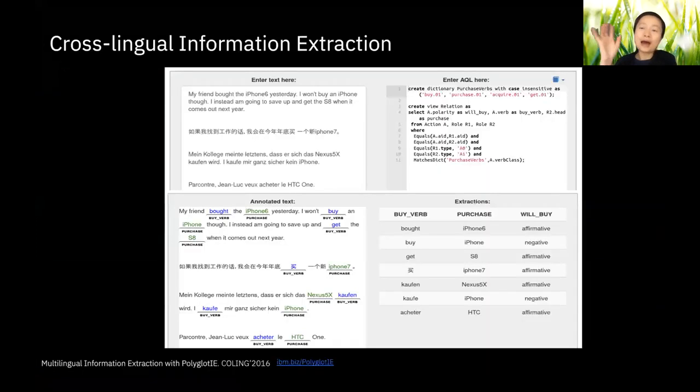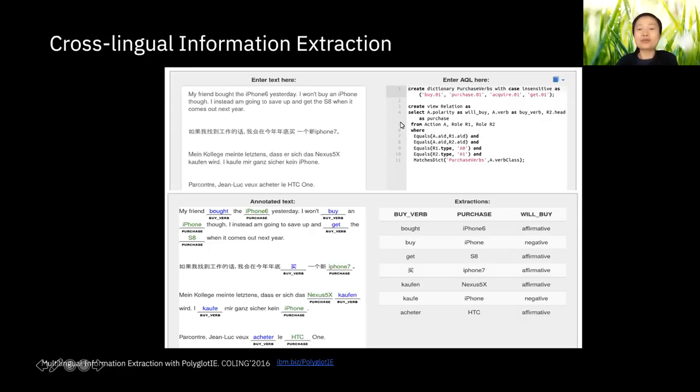So once we have universal natural language understanding, there are many things we can build. For example, we can write a query once and the statement can run on top of sentences from different languages. We don't need to worry about the differences between the languages. Like here, for example, I want to identify the purchase relationship.